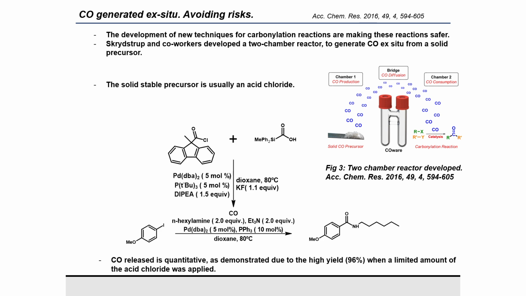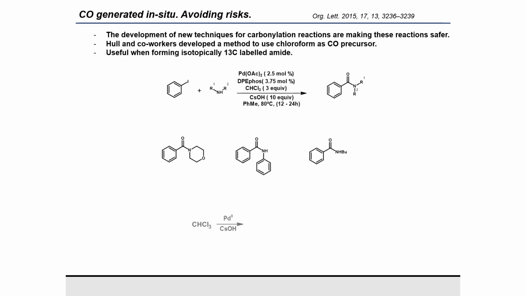Finally, another work reported, in this case, carbon monoxide generated in situ, by Holt and co-workers, using chloroform as a precursor reagent, also useful when forming isotopically carbon-13 labeled amides. So in this work they describe the conditions for the rapid hydrolysis of chloroform to carbon monoxide using cesium hydroxide.